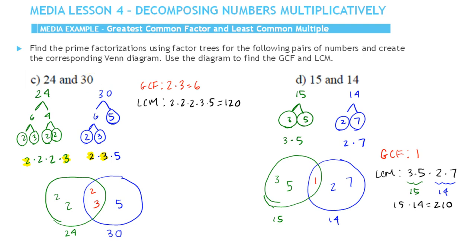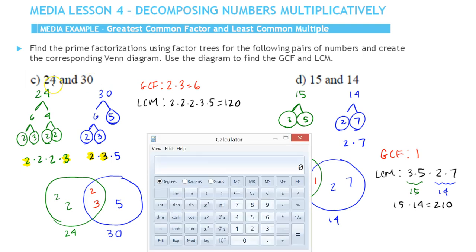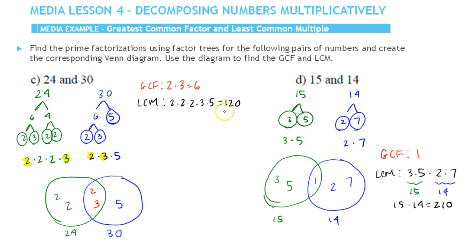So for example, if I multiplied 24 and 30, that would be a multiple of 24, because it's 30 times 24, and it would be a multiple of 30, because it's 24 times 30. That number is somewhat large, 720, and we found the least common multiple is 120, which is smaller.